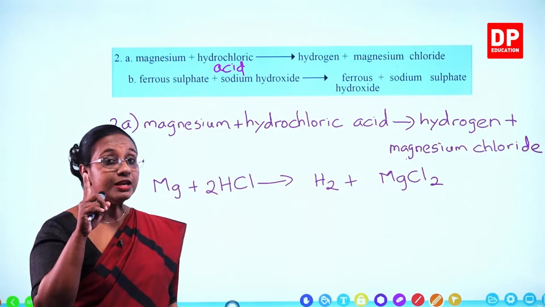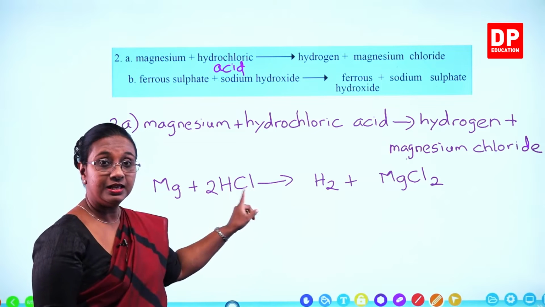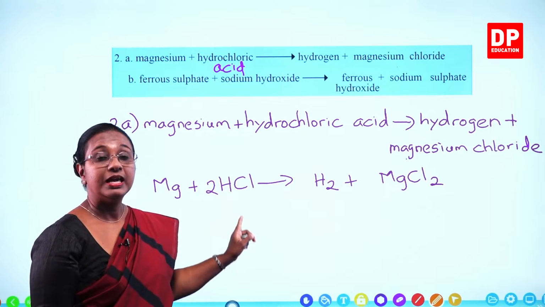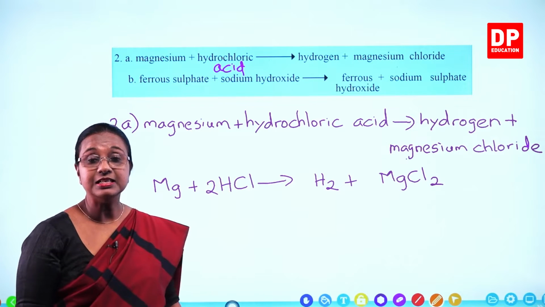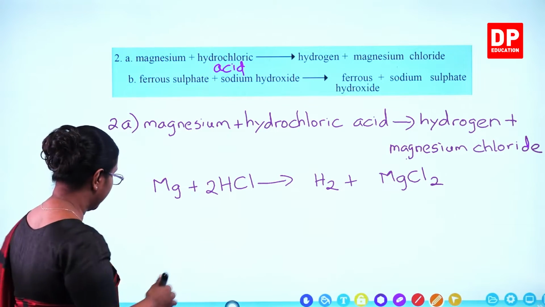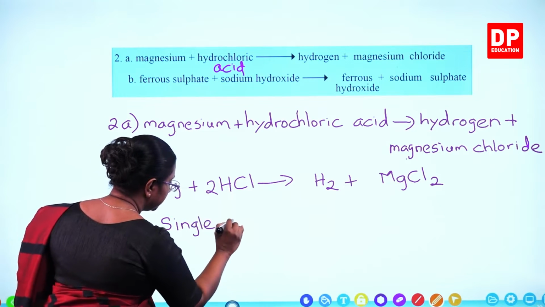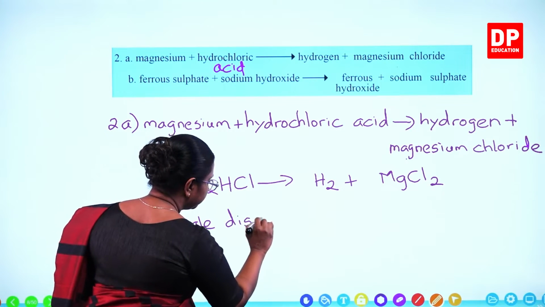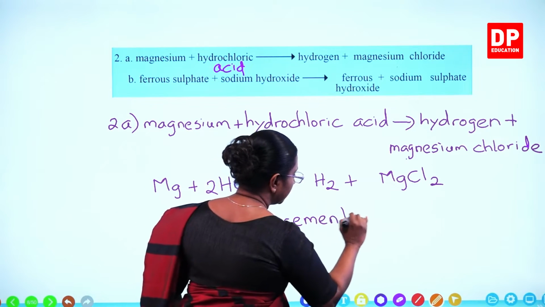So there is only one displacement, A plus BC giving rise to AC plus B. So that is a single displacement reaction.